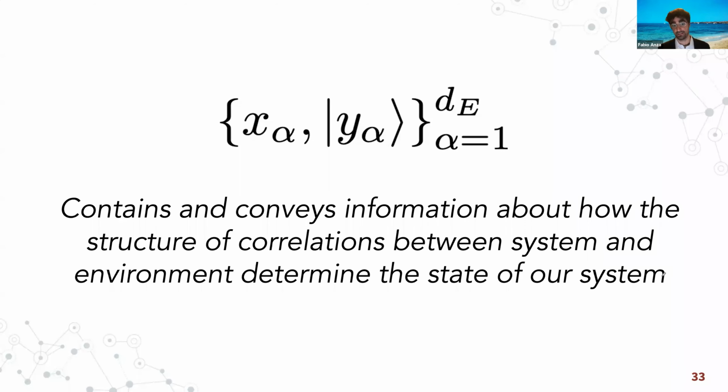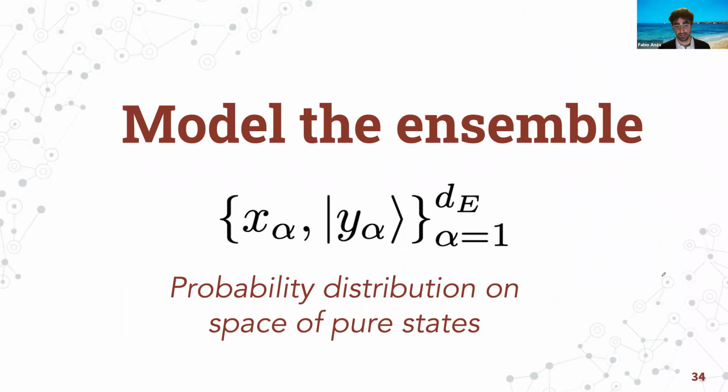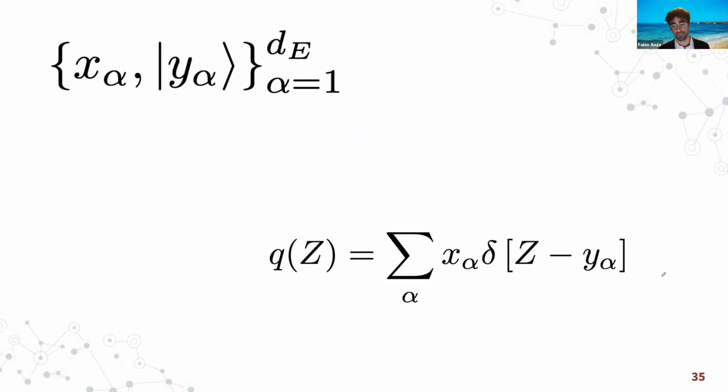So the idea here is to look at a probability distribution on the space of pure states, to model the physics of the ensemble behind the density matrix, because it's essentially describing the evolution in a larger space where the whole thing is in a pure state.